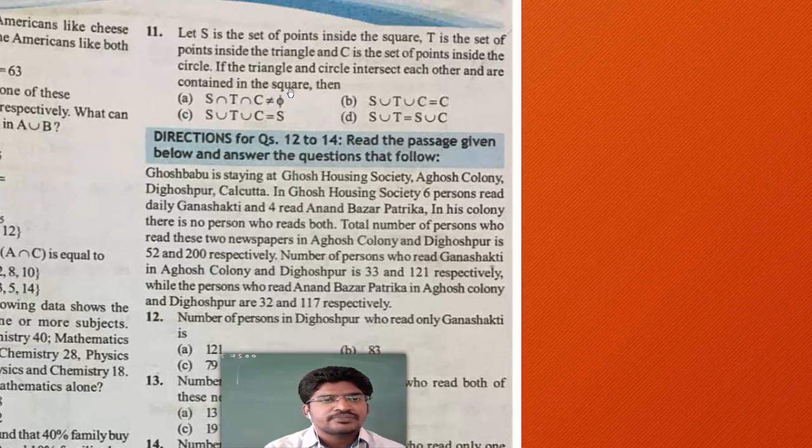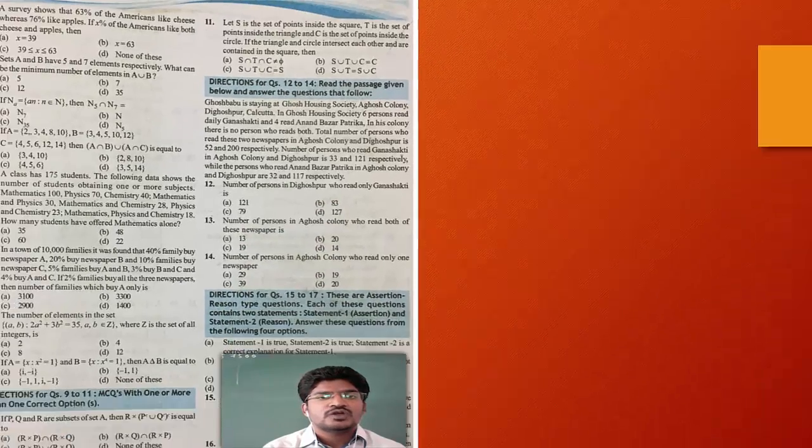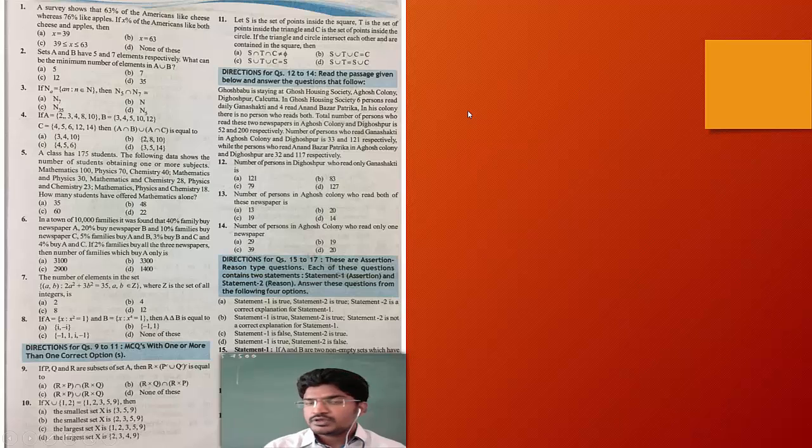Let S be the set of points inside the square, T be the set of points inside the triangle, C be the set of points inside the circle. If the triangle and circle intersect each other and are contained in the square, then which of the following are correct? No problem. So, let us solve it by Venn diagram.